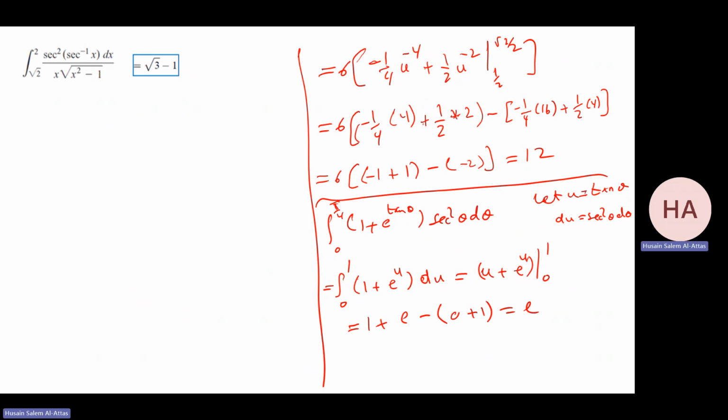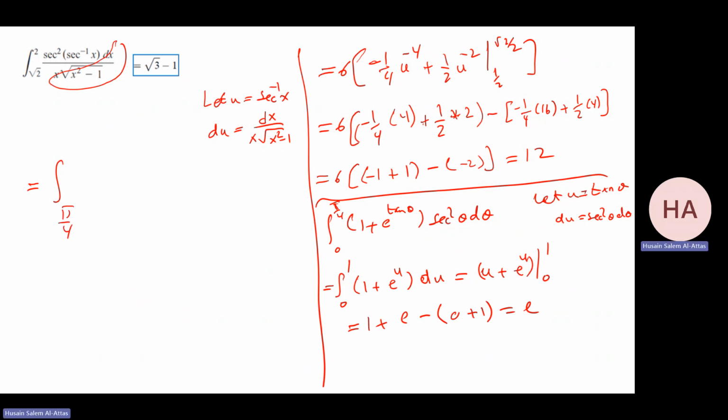Now this one, a little bit complicated. Yeah, let u equal secant inverse. What will be du? du will be 1 over x square root of x squared minus 1 dx, if you remember the formula. So this is my du. So that will be the integral. Secant inverse of square root of 2 is pi over 4.